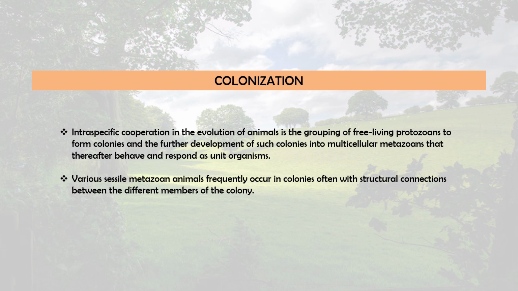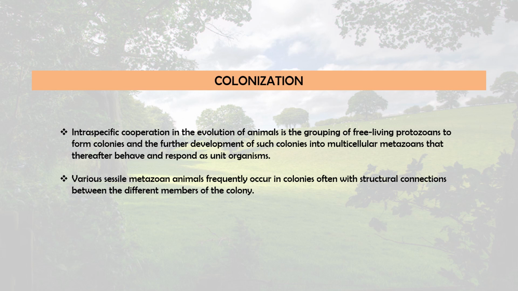First one is colonization. Here, we will study how colonies were formed in early evolution. An early manifestation of intraspecific cooperation in the evolution of animals is the grouping of free living protozoans to form colonies, and the further development of such colonies into multicellular metazoans that thereafter behave and respond as unit organisms.